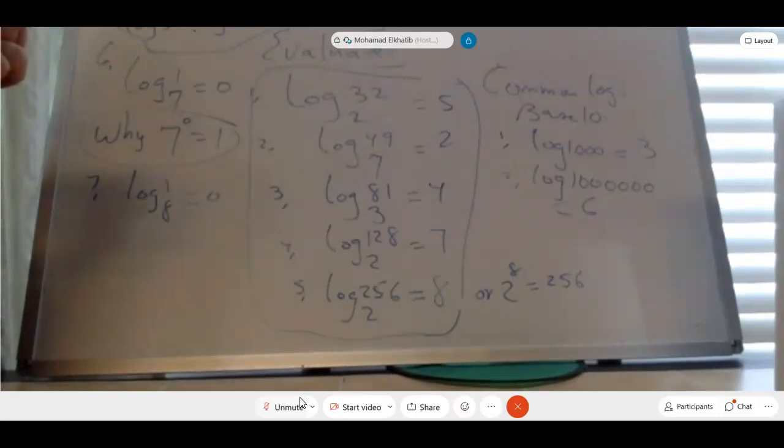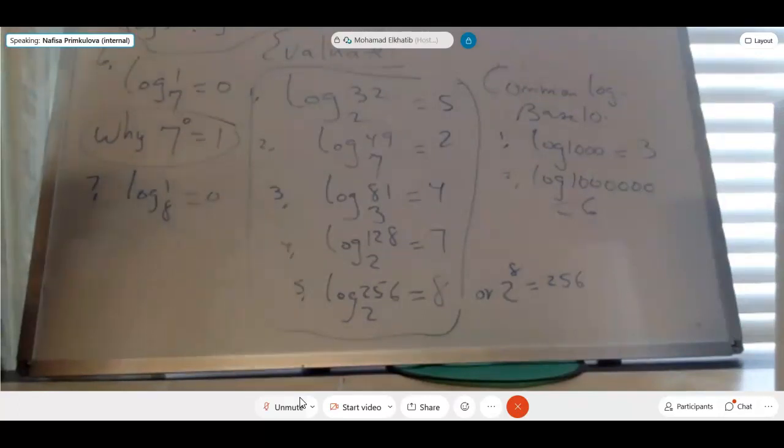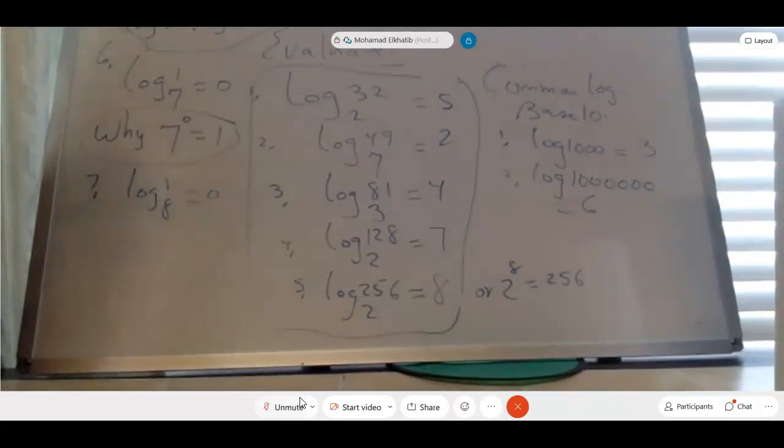So 32 should be on top, 2 should be on the bottom, right? Exactly. So you do log 32 divided by log 2. Because that's the definition. You cannot change the definition. Okay? Does that answer your question?